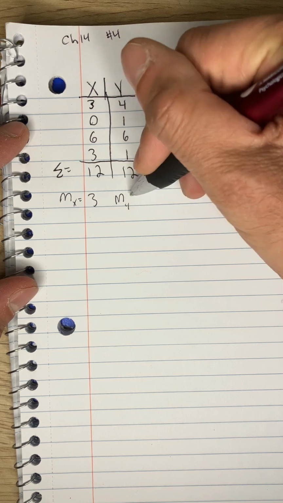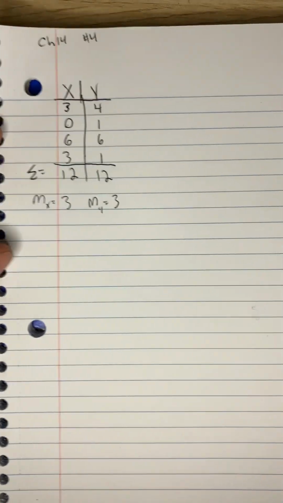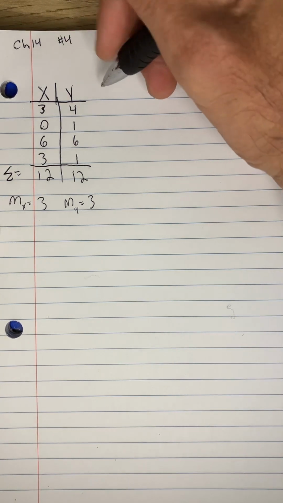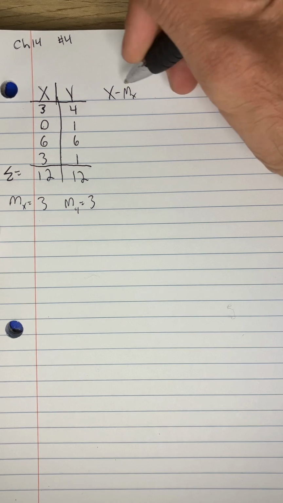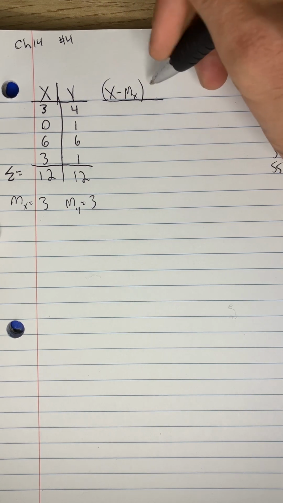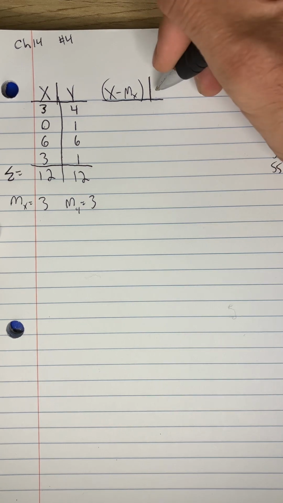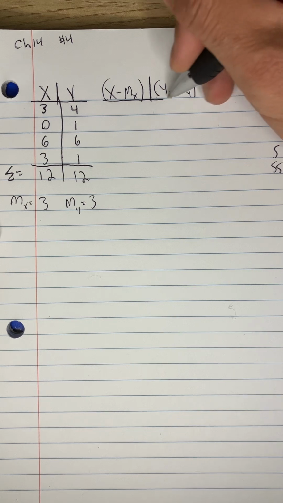And the mean of y is going to be 12 divided by 4, which is 3. So if we start doing our columns, we can get the x minus the mean of the x's and do a column for this one. And we can do a column for y minus the mean of the y's.